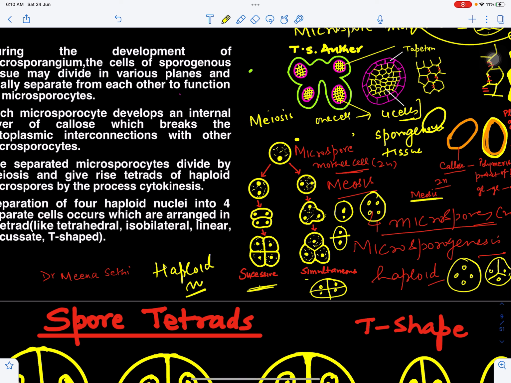This is called simultaneous. I mean, all the wall formation has taken place at one time. When after every division wall formation occurs, this is called successive. So when 4 spores are attached to each other after meiotic cell division, we use the word tetrad.